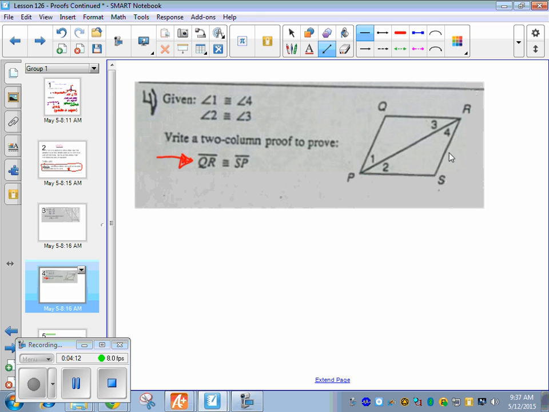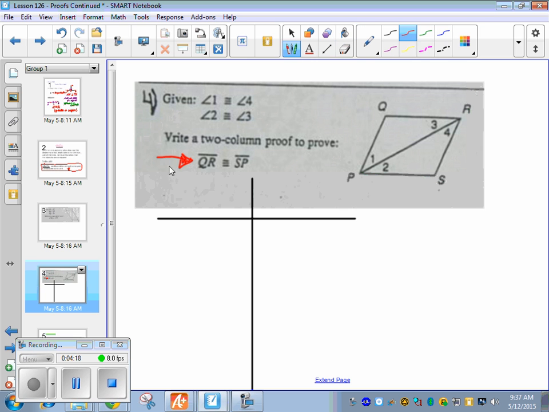Go ahead and sketch this in your notes. I'm going to state our givens first.